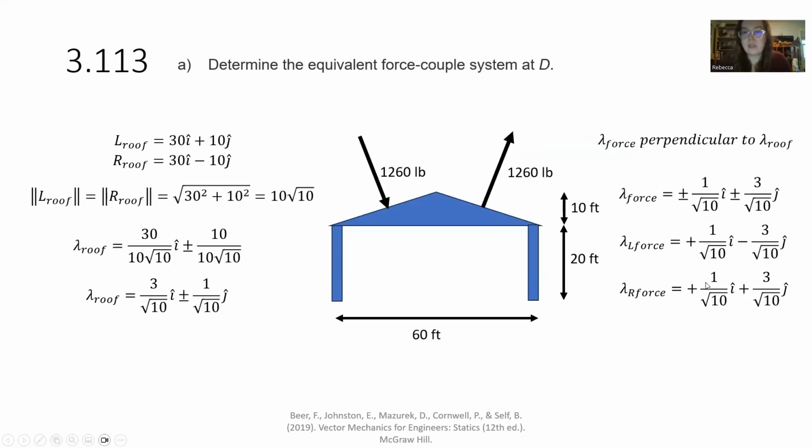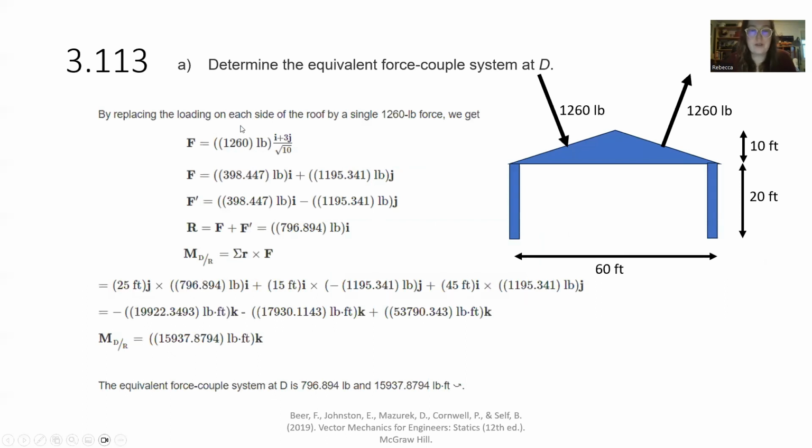From here, to get our force vectors, we can multiply our force magnitude by the unit vector and get a force vector for each of these. That's what we're seeing right here, getting the force vector. And so the force magnitude of each force is just under 400 pounds in the x direction and just under 1,200 pounds in the y direction.